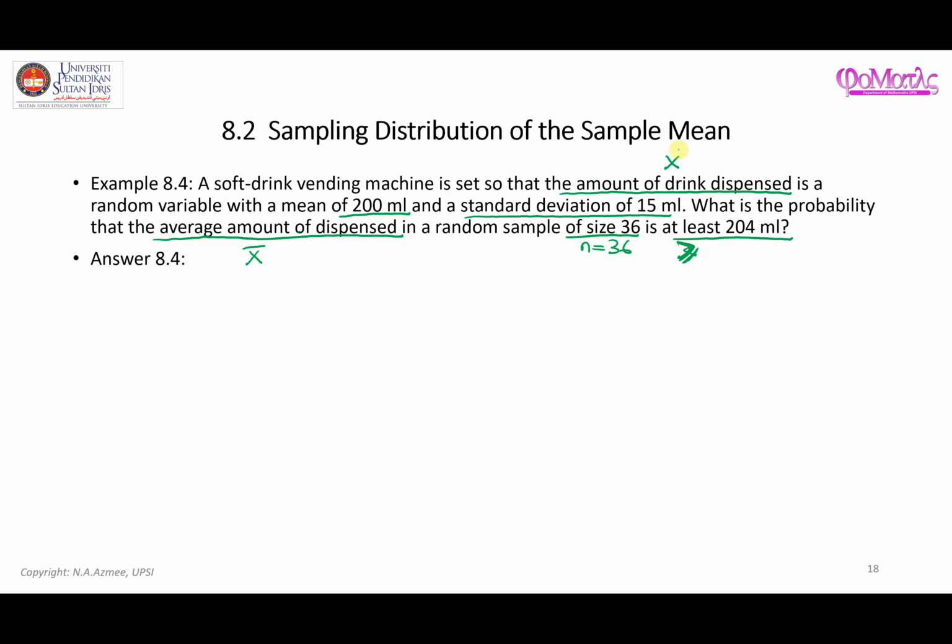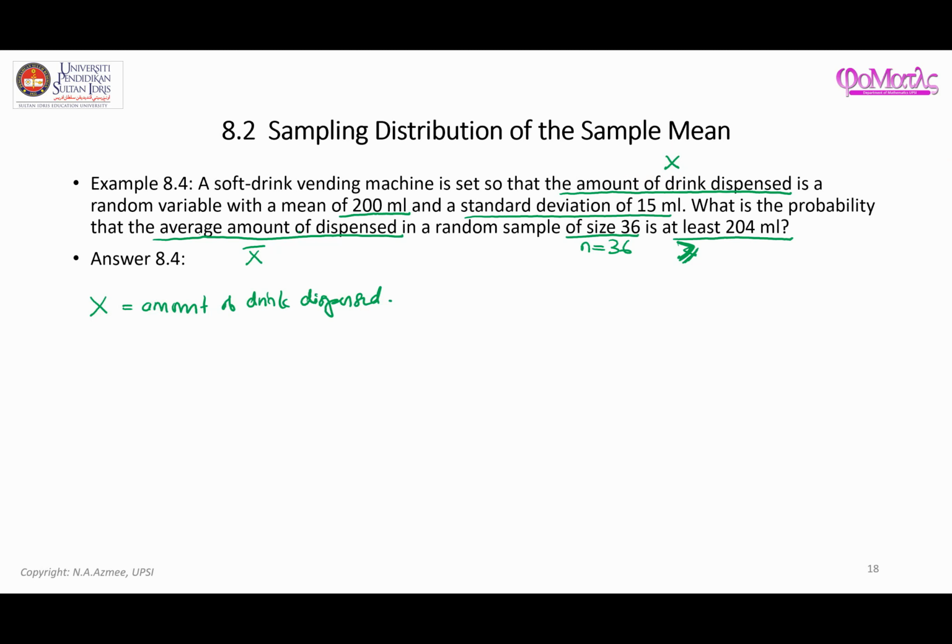You can see that we don't know what the distribution of the original population is. We only know that x here represents the amount of drink dispensed, and we don't know whether it's uniform, whether it's normal.